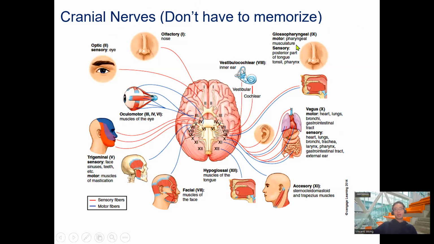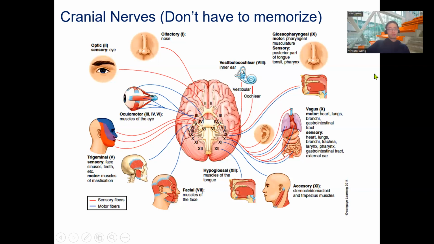You don't have to memorize these cranial nerves, but if you become a nurse later on, you probably have to learn this in your nursing program, because to assess a patient for damage of the cranial nerves, there are specific tests you have to do, for example to see if the person has damage to their trigeminal nerve. You will learn all that in your next program, probably.